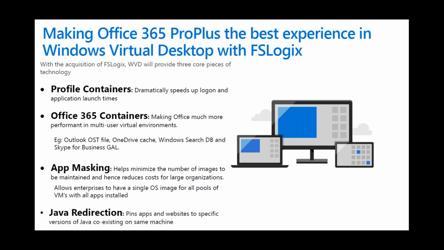It's stored somewhere else in the environment. This, in particular for Office 365, will allow you to do a lot of things you weren't previously able to do with RDS environments, particularly around search indexes, which normally wouldn't work very well in this environment, where your search history would get wiped every time you log off.